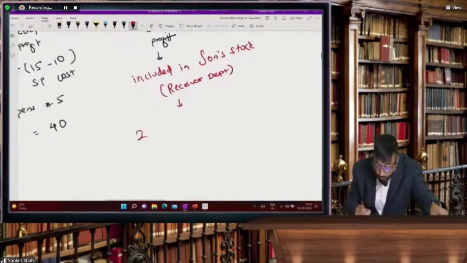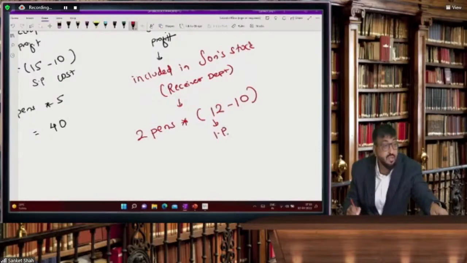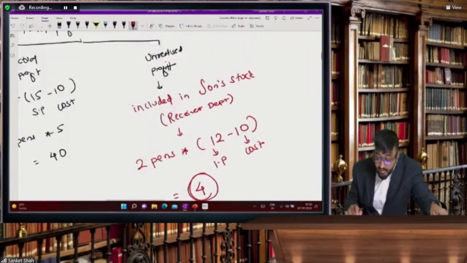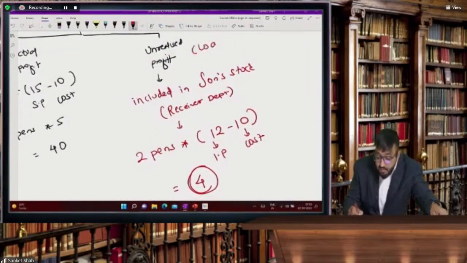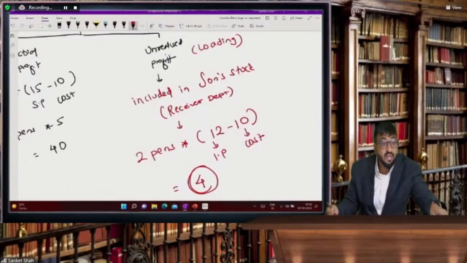So 2 pens multiplied by 12 minus 10. 12 is the invoice price to son, and 10 is cost. So this is 4 rupees. And this is called unrealized profit. In simple language, it is loading. What is it called? It is loading. Unrealized profit, 2 pens, 2 rupees.